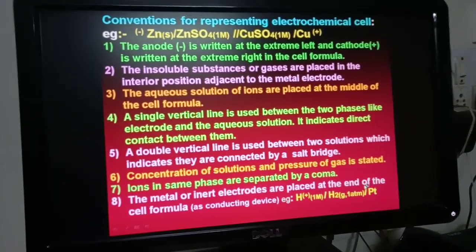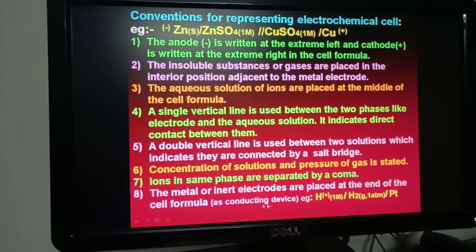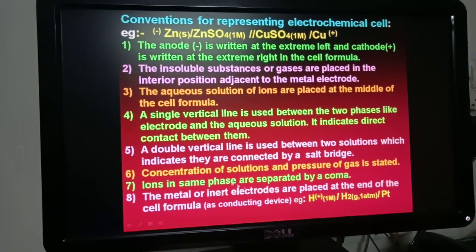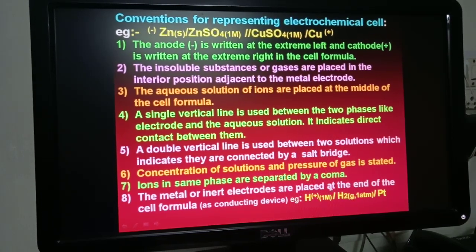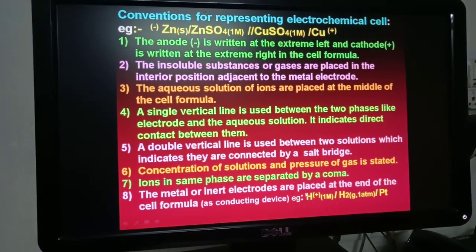Eighth rule, the metal or inert electrodes are placed at the end of the cell formula as a conducting device. Now what do you mean by this point? To understand this, let us take a hydrogen gas electrode representation here.